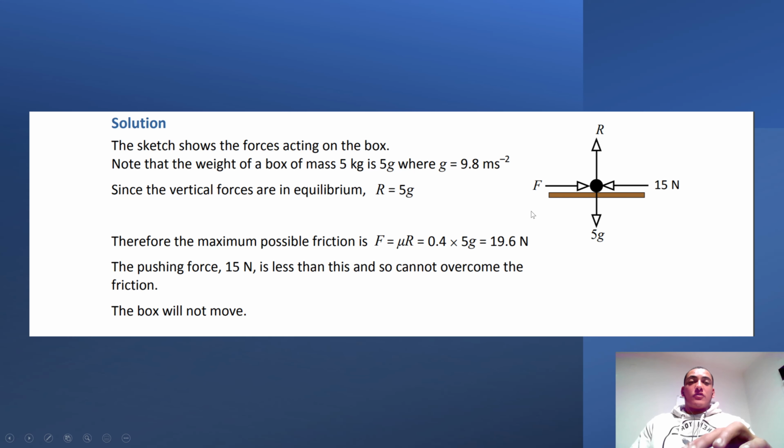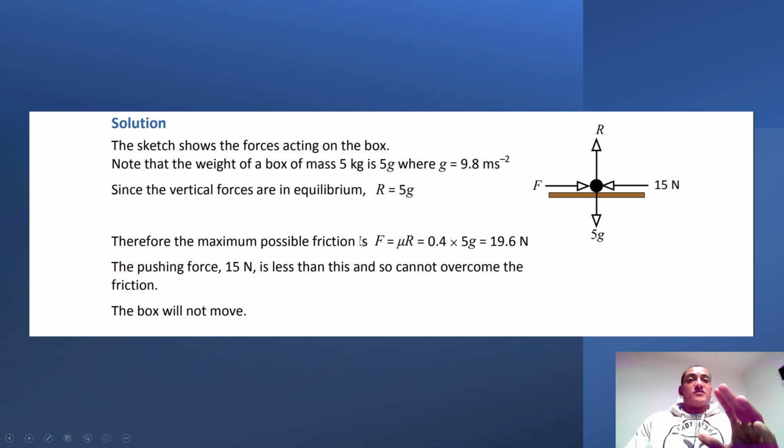So first of all, let's take this step by step. To know the amount of force in newtons for 5 kilograms, you have to multiply 5 by 9.8, as you can see here. Since the vertical forces are in equilibrium, we put R equals 5 multiplied by 9.8.